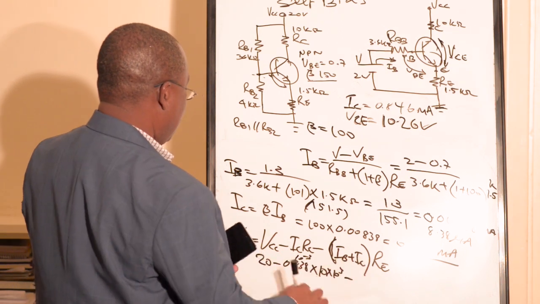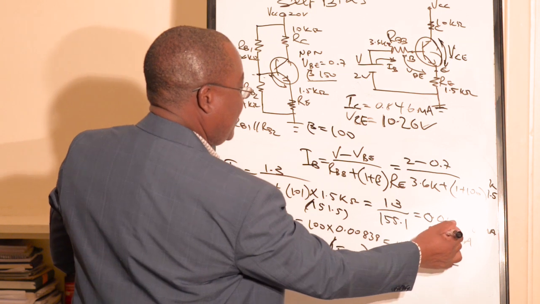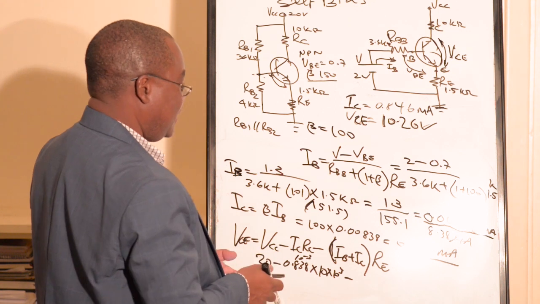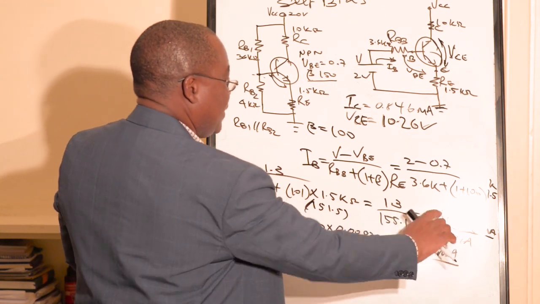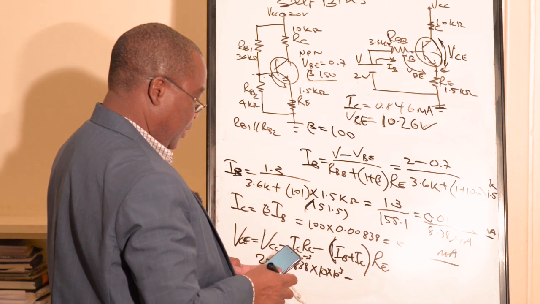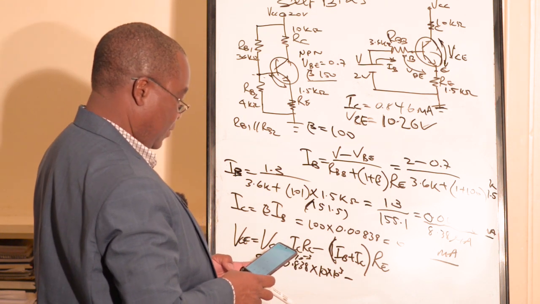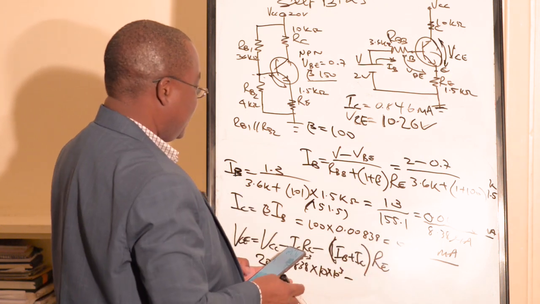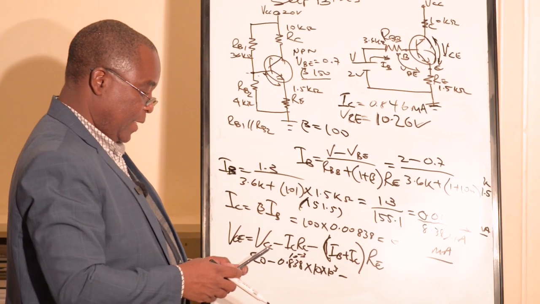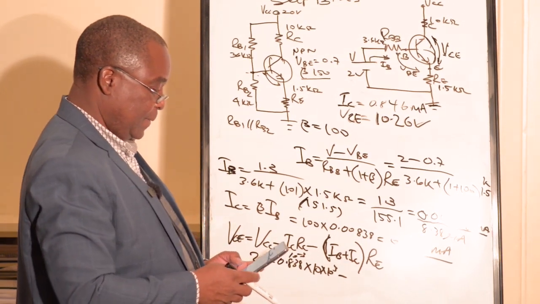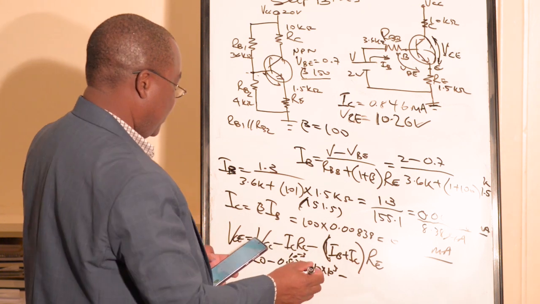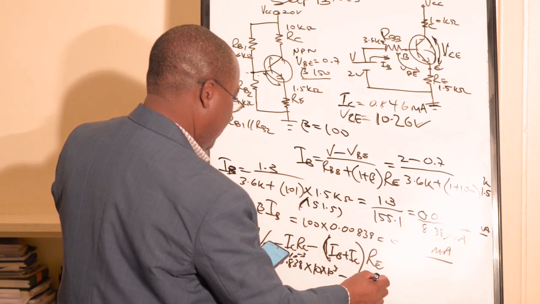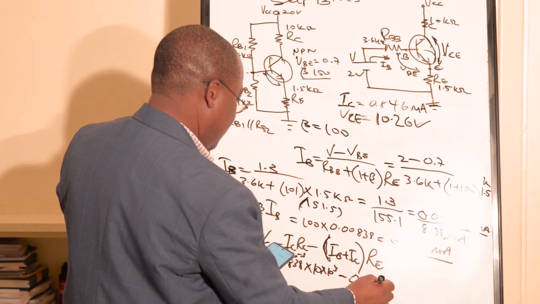IB plus IC. Our IC is this one, and our IB is this one. So, it's another algebra. I will take our IB, 0.838 plus this one IC, which is 0.838, and our value here is 0.846.